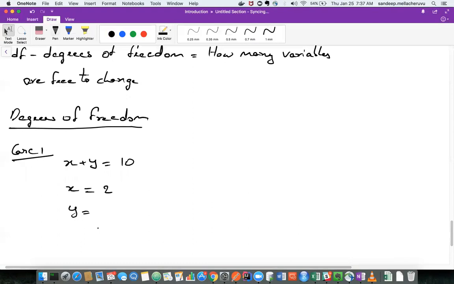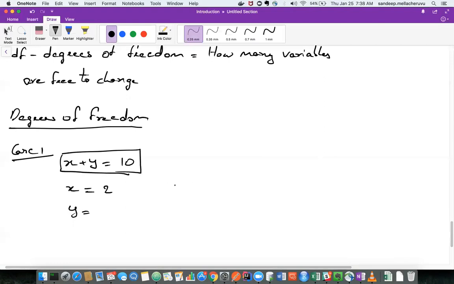I can't choose. I just have to make it equal to 10. Exactly. This is your formula that you have to accept and follow. If you choose 2, you cannot choose y. You have to fix y. If x is chosen, y is fixed.